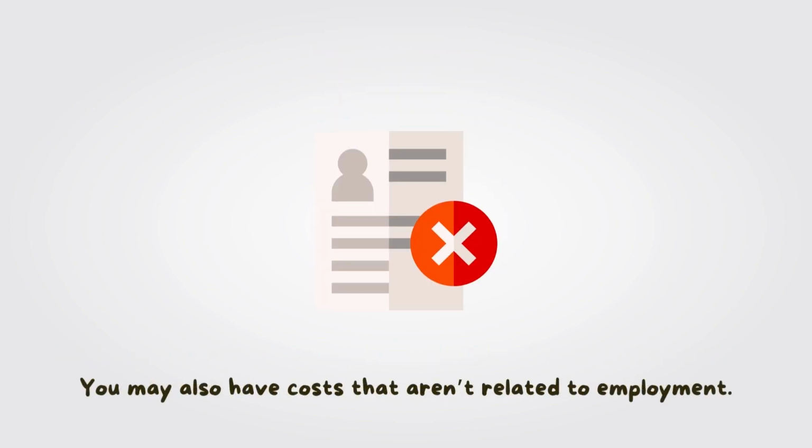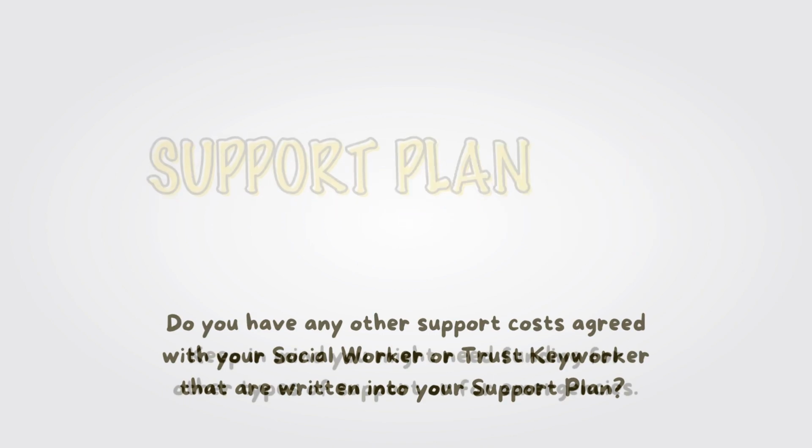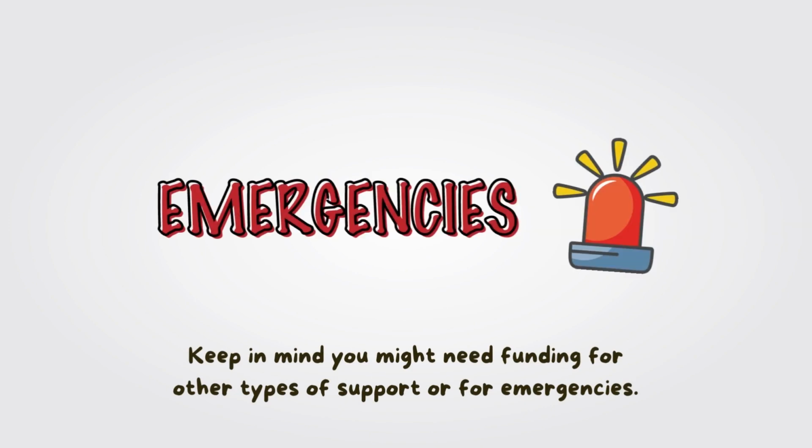You may also have costs that aren't related to employment. Do you have any other support costs agreed with your social worker or trust worker that are written into your support plan? Keep in mind you might need funding for other types of support or for emergencies.